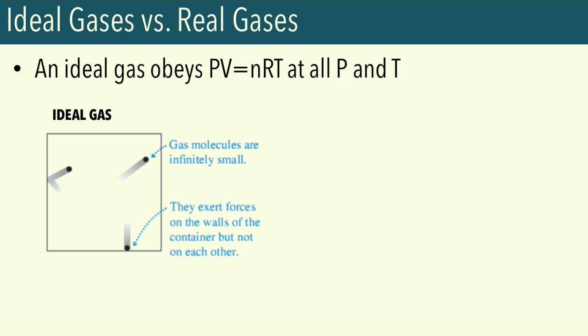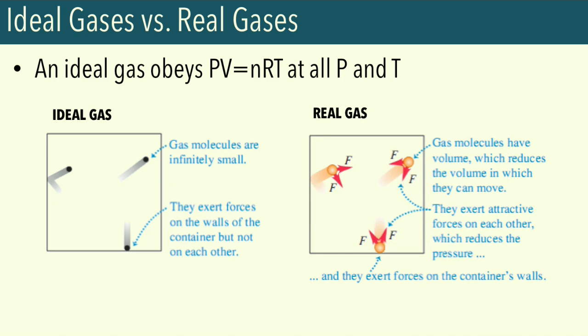KMT also says something about the intermolecular forces of attraction in a gas, namely that they don't have any interactions with one another. However, we know that for real gases, the gas molecules really do have volume, and they also exert attractive forces on each other.